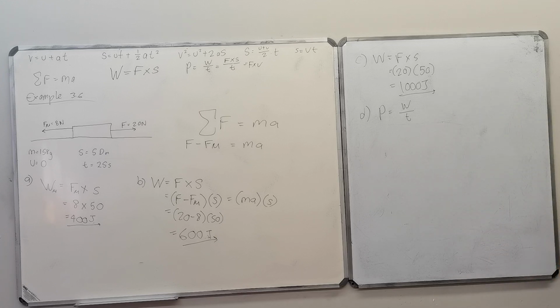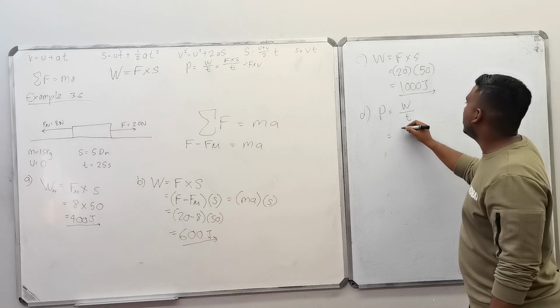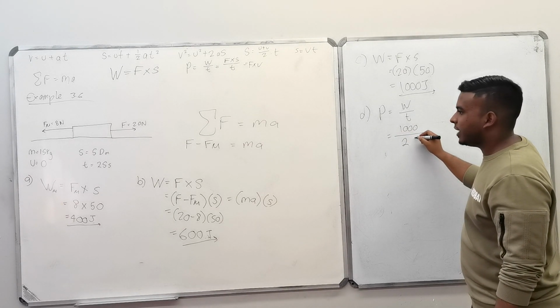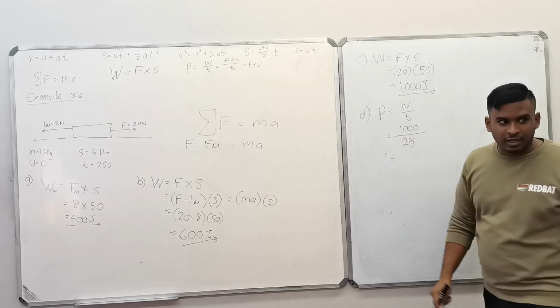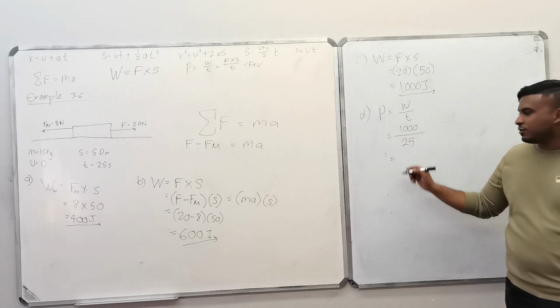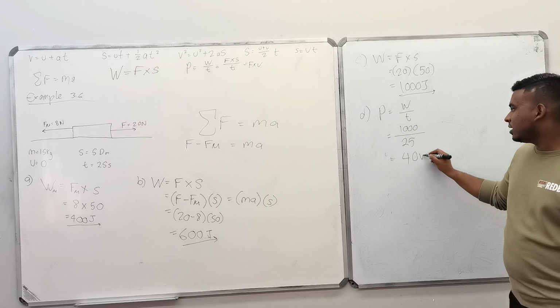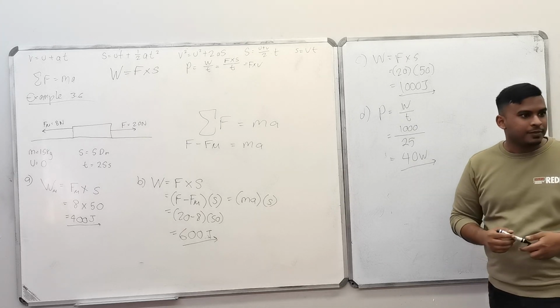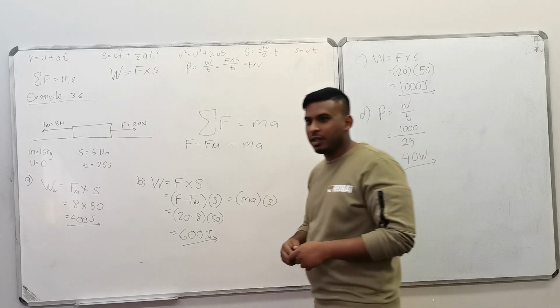Which work do you think you would use? The total, because they asked you for the total power. So this would be equal to 1,000 all over 25, because 25 seconds. And I think it's 40. That's 40 watts. Is everybody okay with it?